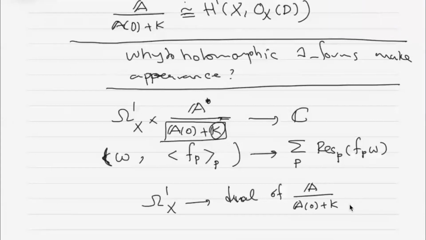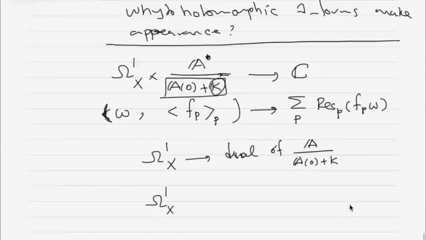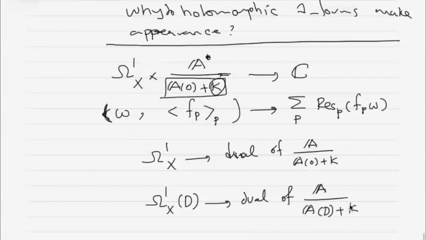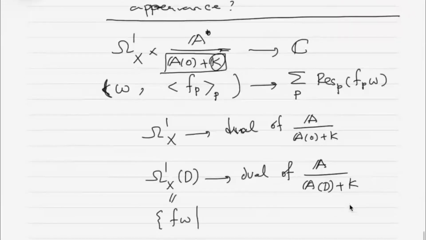In a similar fashion, this is the same as F omega, where F is in L of K minus D. If you have an element in here, it will go to the dual of A over A of D plus K. The reason is that you only need to check that it's well-defined, and the well-defined property comes from the definition of A of D that I already defined.